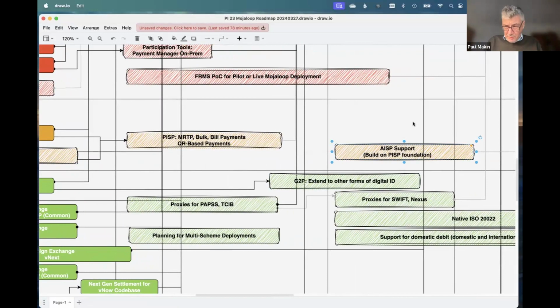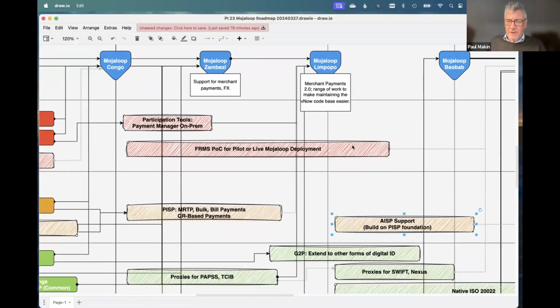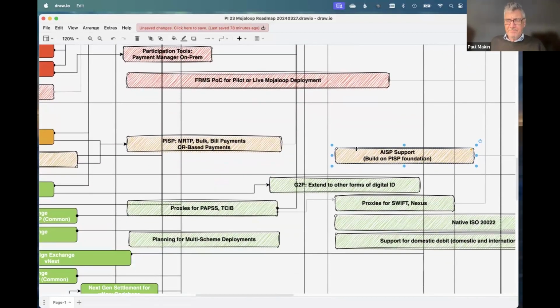It allows them to integrate multiple FI accounts into a single user interface for customers and add significant value there. So we're not ready to launch that yet, and merchant and bulk are probably a higher priority, but be aware that we have our eye on AISP, and it'll probably be in PI 25, not the next PI.